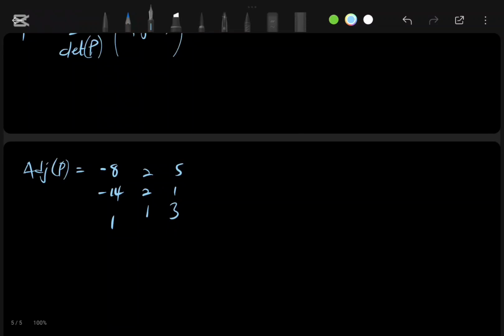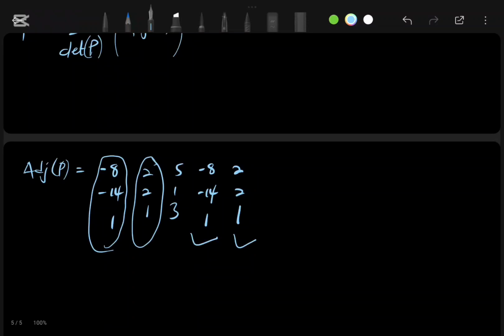So you're going to list these elements again on the right hand side. So we have minus 8, minus 14, 1, 2, 2, 1. You list the elements in this column over here. You list the elements in this column over here.